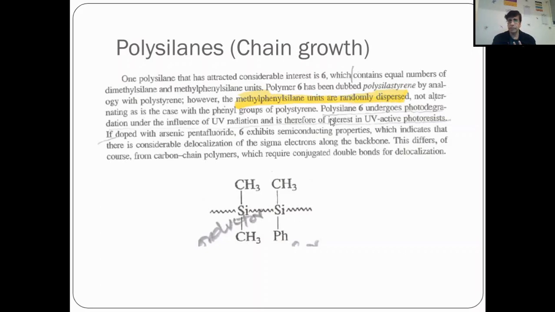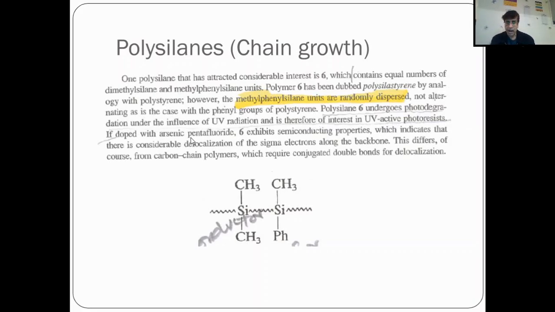Doping is the process of... because of this phenyl ring, it can undergo photodegradation under the influence of UV radiation. Therefore it is of interest for UV active photosensitive applications. But the most important is doping.